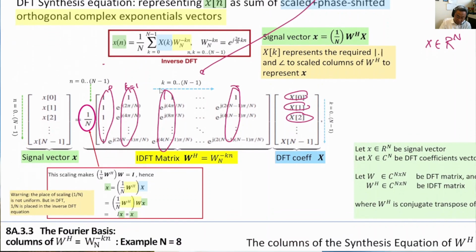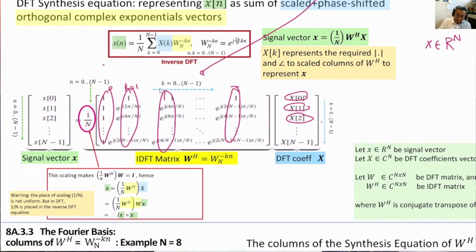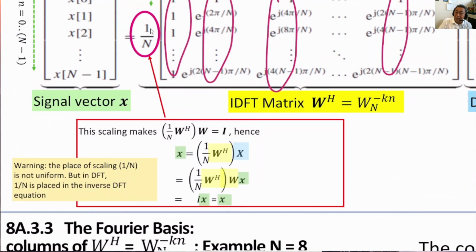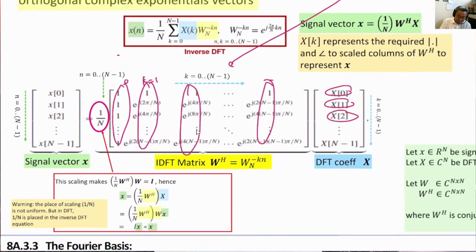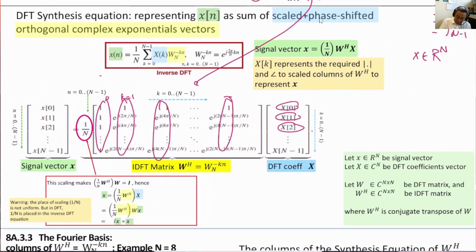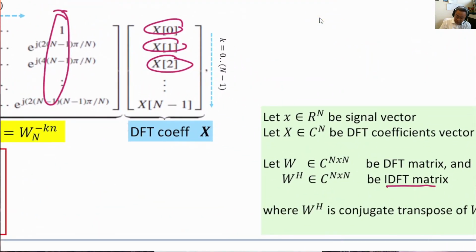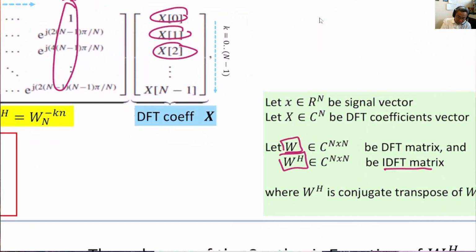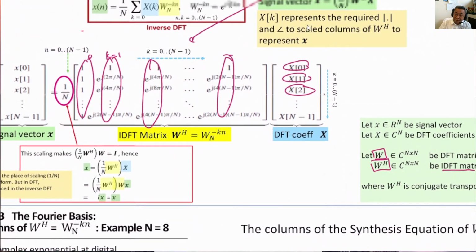So, let's finish the description. Why do we need 1 over n? The reason why we need 1 over n is because we are going to introduce the W matrix. We have just introduced the W^H matrix, the inverse DFT matrix, and when W and W^H multiply together, they are orthogonal, but their norm is n.